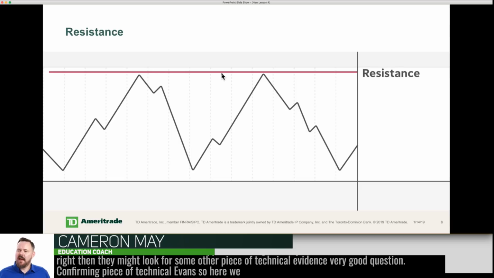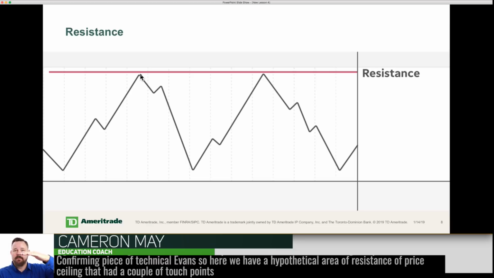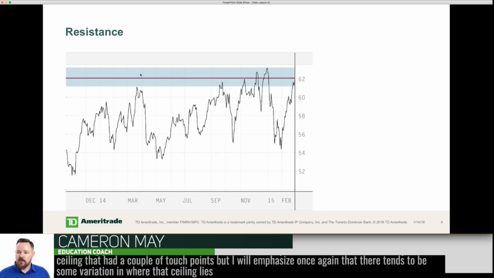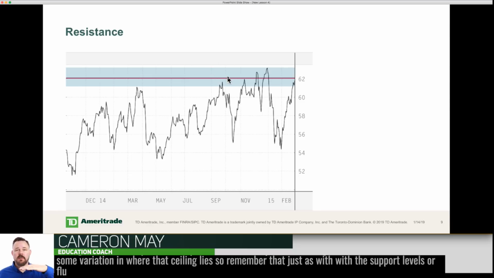So here we have a hypothetical area of resistance, a price ceiling that's had a couple of touch points, but I want to emphasize once again that there tends to be some variation in where that ceiling lies. So remember that just as with support levels or floors, price ceilings or resistance tend to fall within a range or an area.